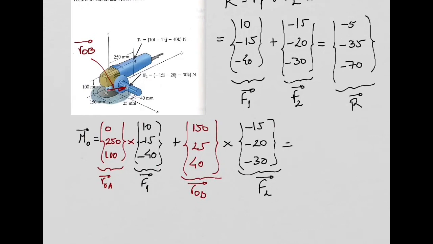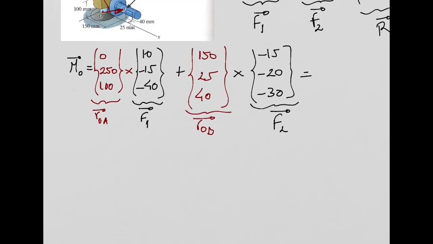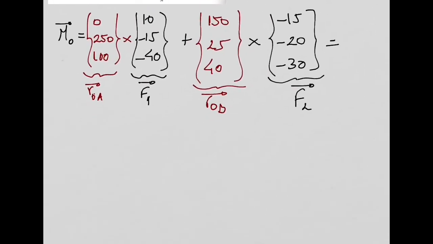So let's do these ones. I'm going to continue here. So MO. Let's start with the first cross product, this one here. My x component is this times this minus this times this.